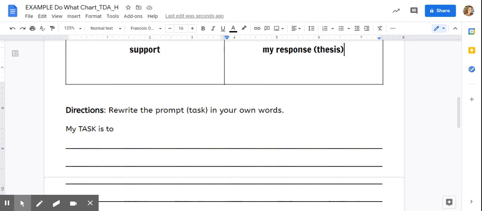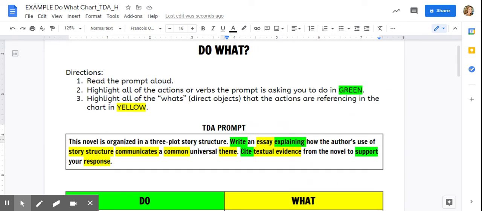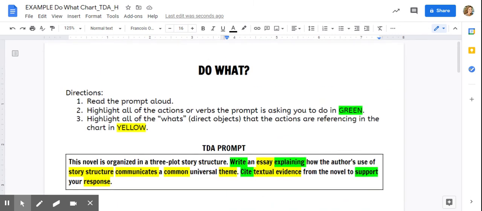So I want you to paraphrase, think of a different way of saying it, but just restate the prompt in your own words, just to make sure you completely understand what's being asked of you. And when you're done with that, you are done with unpacking the prompt, and you can turn this in, and we will move on to actually writing the introduction in the following video.